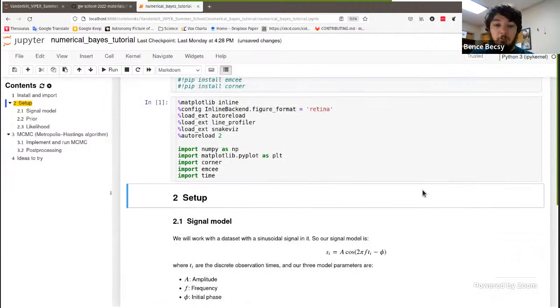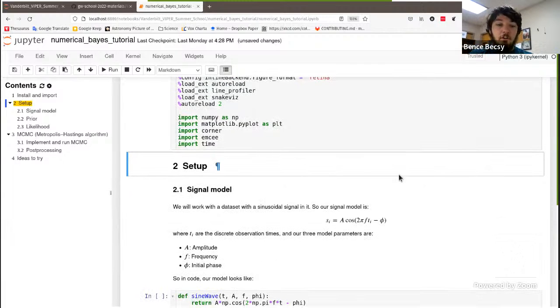So as you heard in Neil's and Tyson's talk, to do a parameter estimation, the main ingredients we need are the signal model, and then we will need a prior function and the likelihood function. So we will build these, and then we will go on to actually building an MCMC to sample this problem.